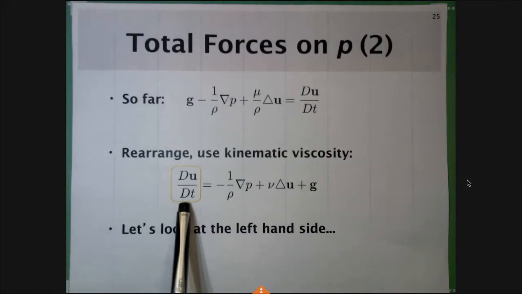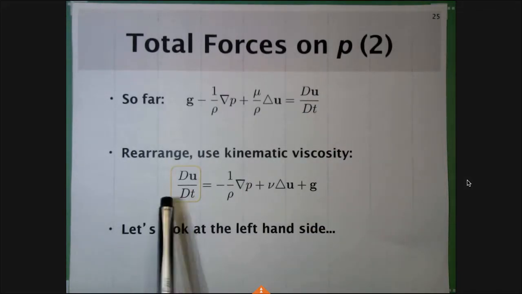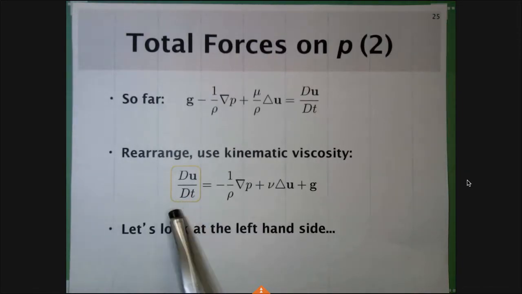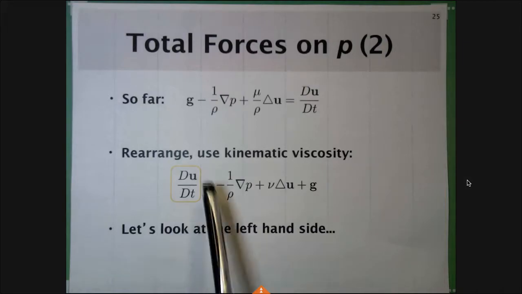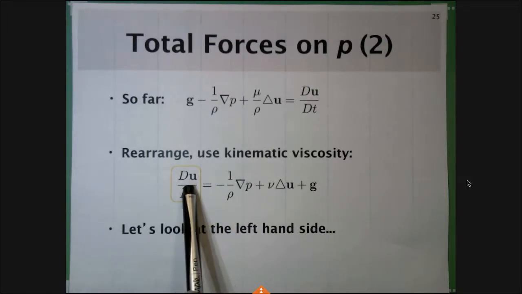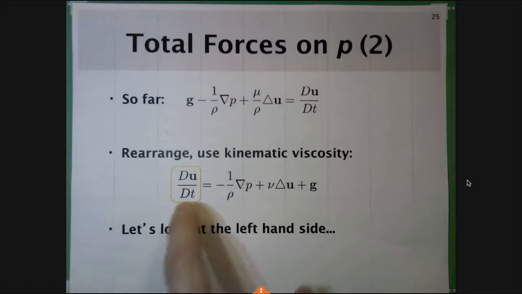We only need to expand this mysterious material derivative term. Remember the material derivative was looking at the changes of velocity from an observer that was attached to the particle, to the blob of fluid we are studying. If we want to convert it to Eulerian measurements, we need to take the advection into account.